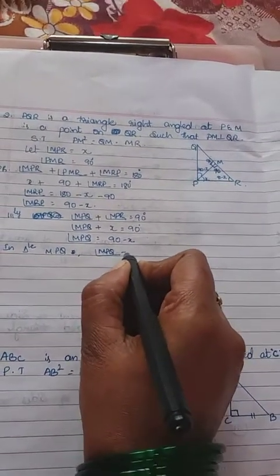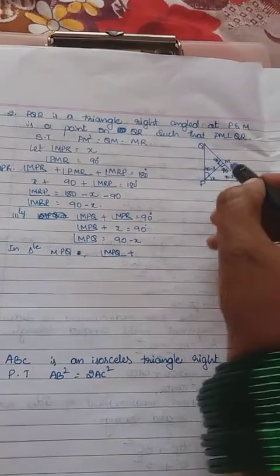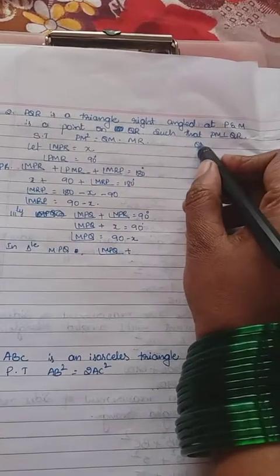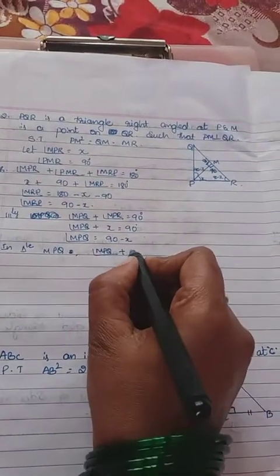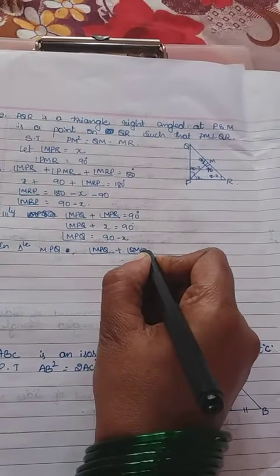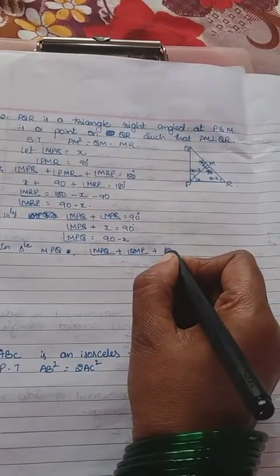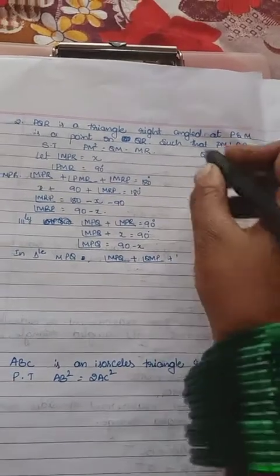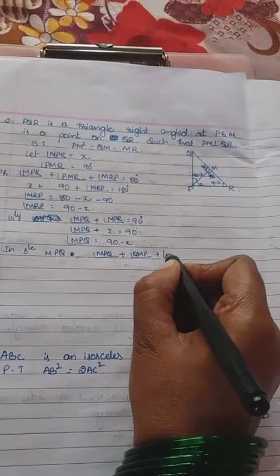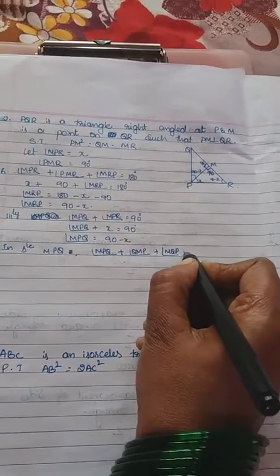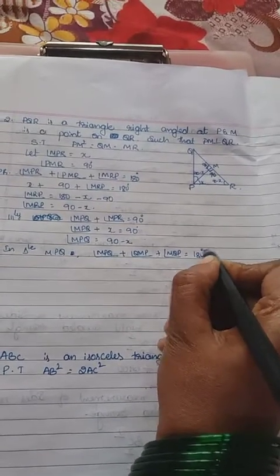The sum of the angles is 180 degrees. So angle MPQ plus angle QMP plus angle MQP, which we don't know, equals 180 degrees in this triangle.